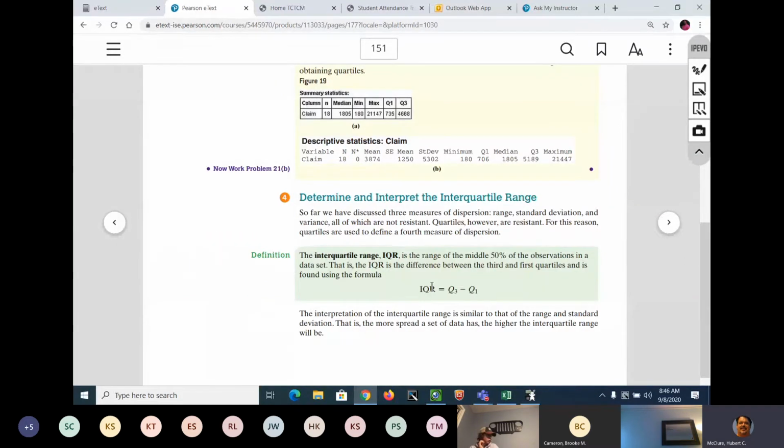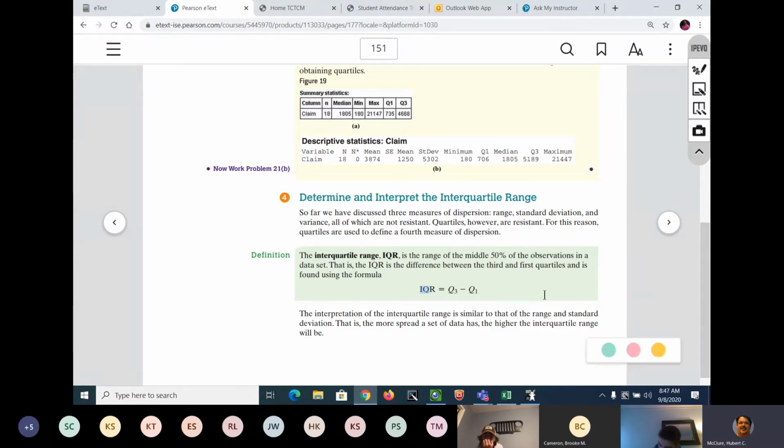The interquartile range is your third quartile minus your first quartile, or your 75th percentile minus your 25th percentile, or your 3/4 of a tank minus 1/4 of a tank. So there's the formula right there.